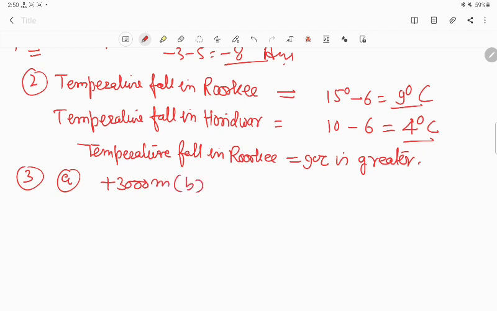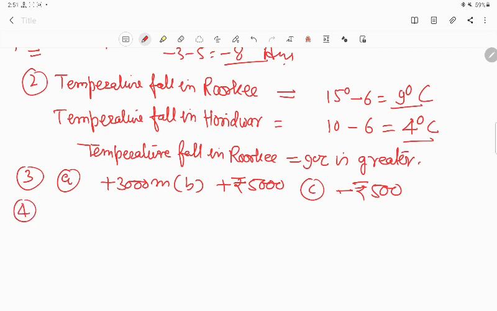B, deposit money that is plus rupees 5,000. C, withdraw money is minus rupees 500. And now fourth question.